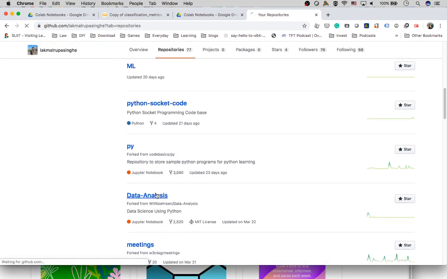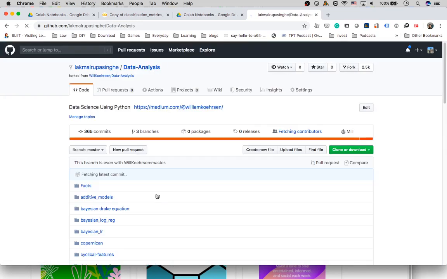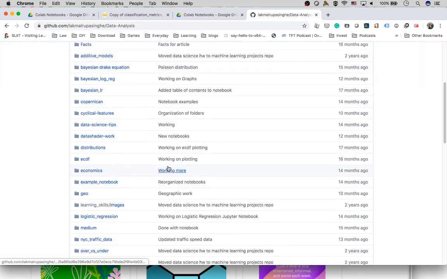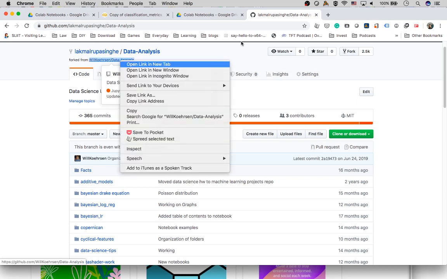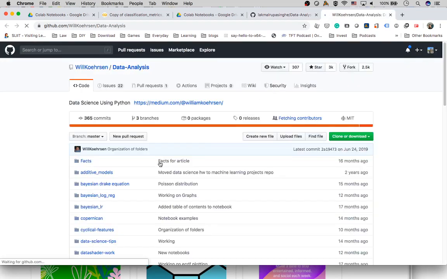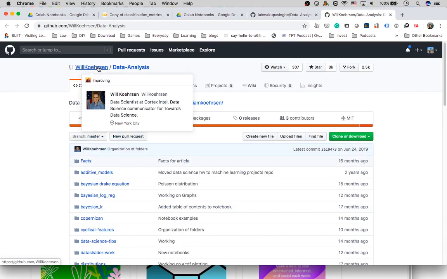So there's this data analysis repository, and actually I've taken this from the original author. It's been forked from the original author, so I have to give the credit to him. This is the original author, Bill Colson.